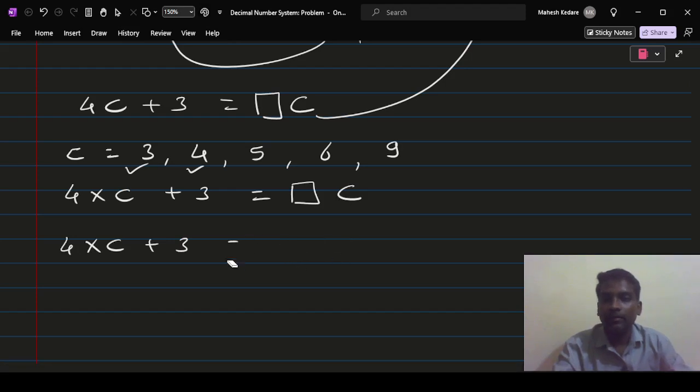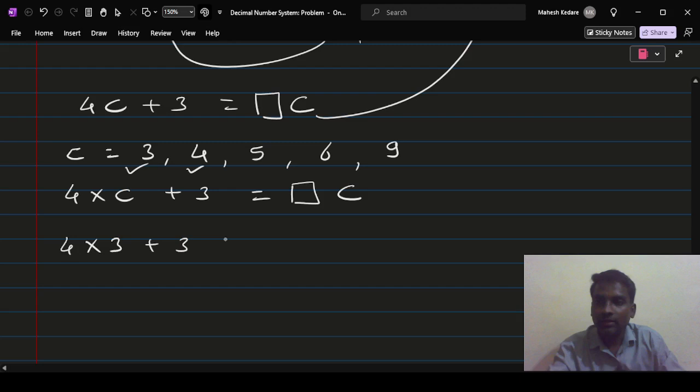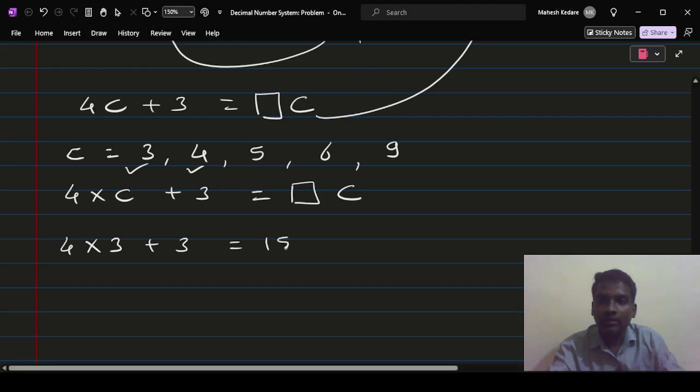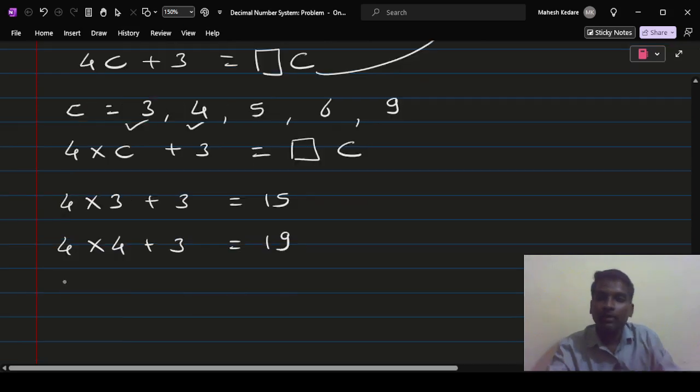I rewrite them separately. I specifically mention the value of C here. It is 15. When I take 4 for C, it gives us 19. When I take 5 for C, it gives us 23.